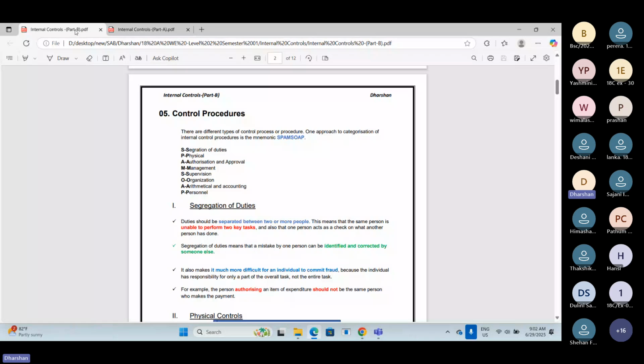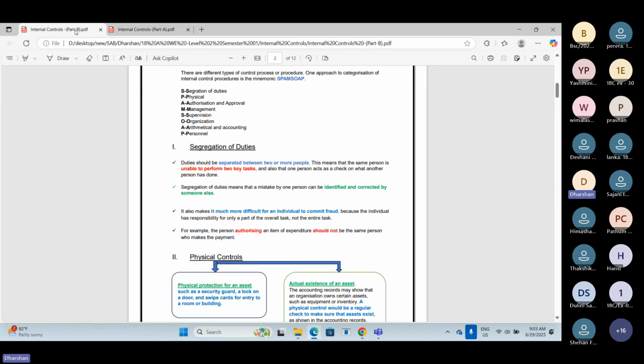You can remember them by a short form: segregation of duties, physical controls, authorization and approval, management, supervision, organization, arithmetic accuracy, and personal controls.